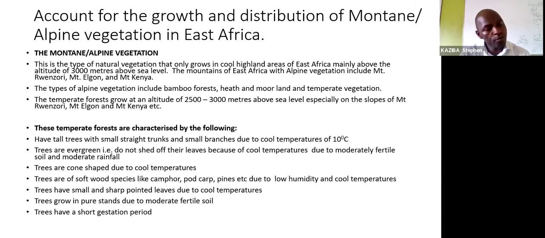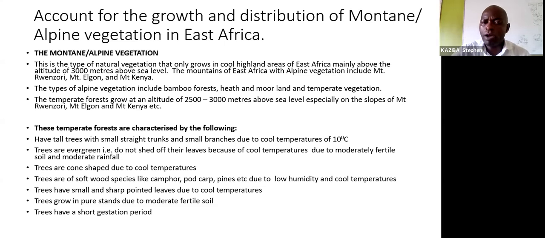You have to put it clearly that between the altitude of 2,500 to 3,000 meters above sea level, especially on Mount Rwenzori, Elgon, and Kenya, we have temperate forests. Give us their characteristics. And as you give the characteristics, make sure you attach the reason.